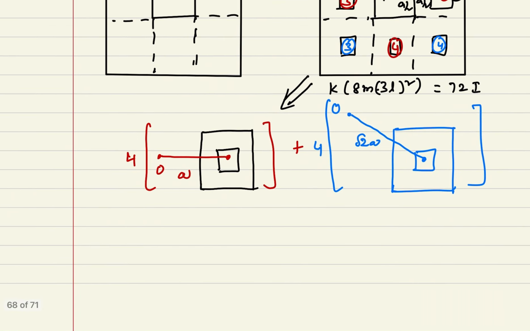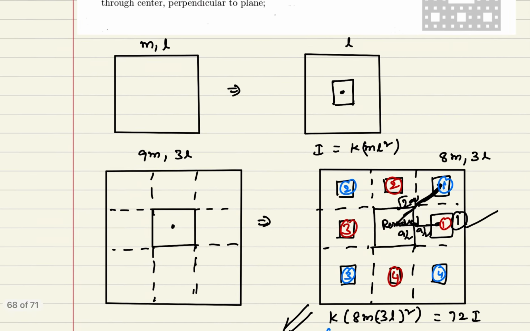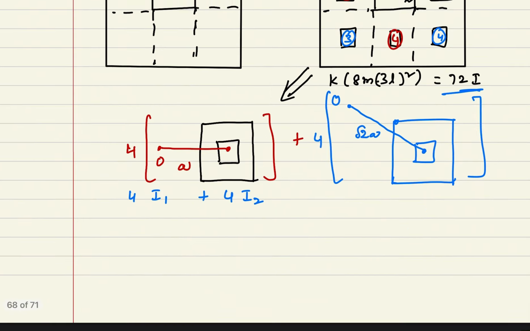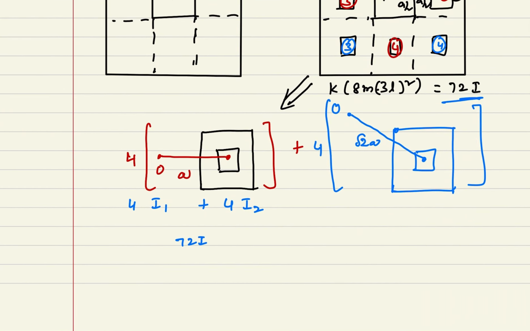Okay, from the parallel axis, let us consider this is 4 into the moment of inertia about this, I1. Similarly, plus 4 into the moment of inertia about this point O for the second fractal object, 4I2. Now from the above relation you can say that this moment of inertia 72I is equal to 4I1 plus 4I2.